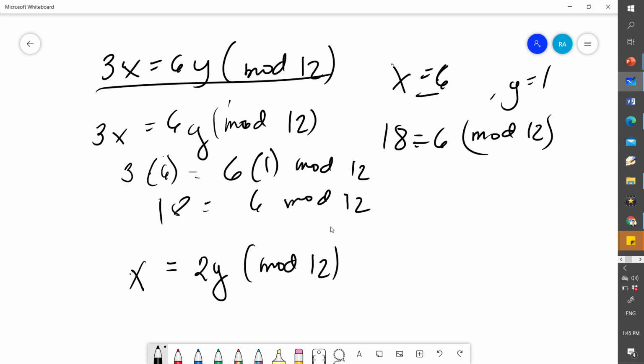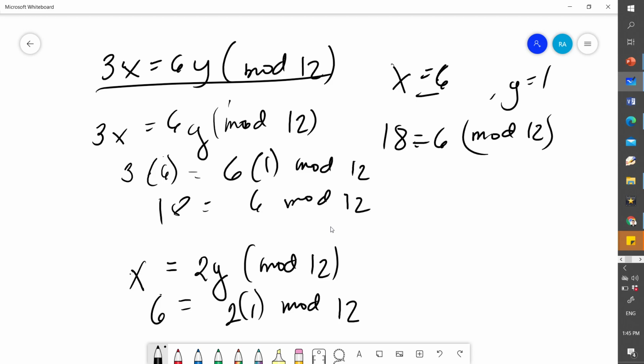Now if we plug in x = 6 and y = 1, we have 2 times 1 mod 12, which is what? False. 2 times 1 is 2, and mod 12 it is equal to 2, not 6. So in the original equation, 6 and 1 is a solution, but not after the cancelling.